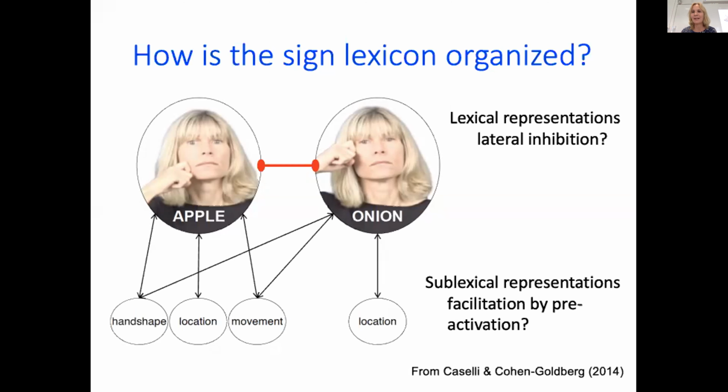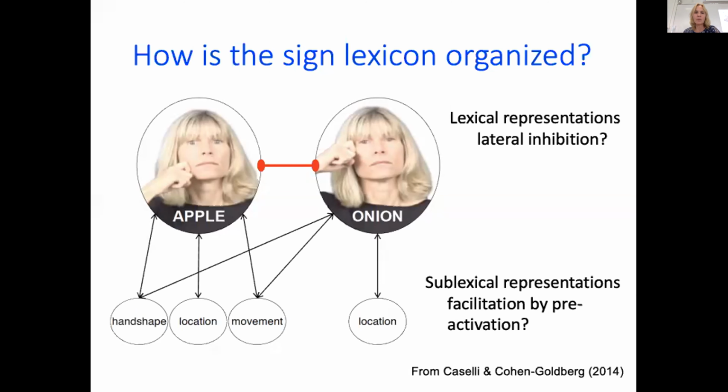Here, the images are really just for illustration. There's no claim that you have visual images of people in your head as lexical representations. So the question is whether you have these two levels of representation, and also whether you have similar processes associated with them.